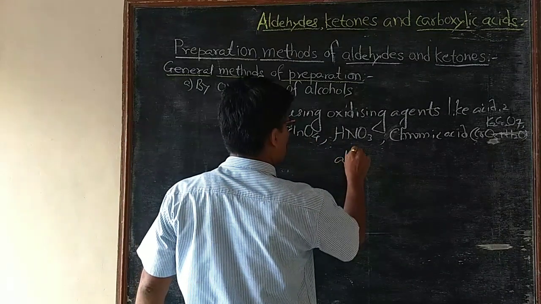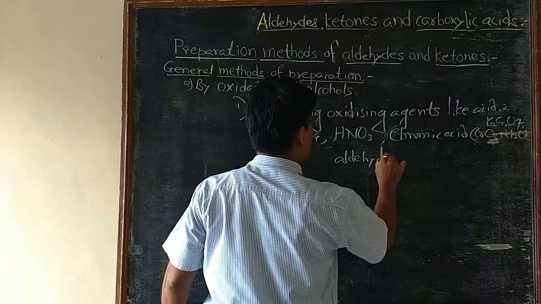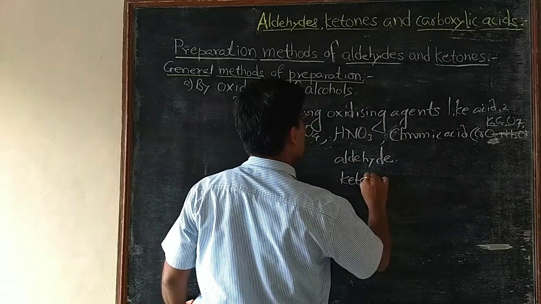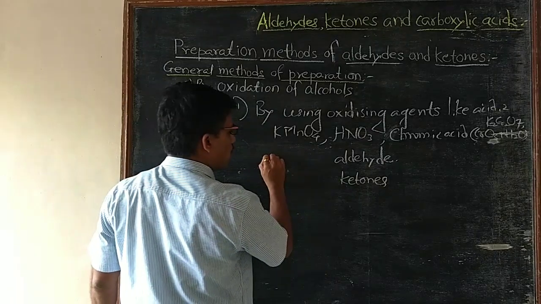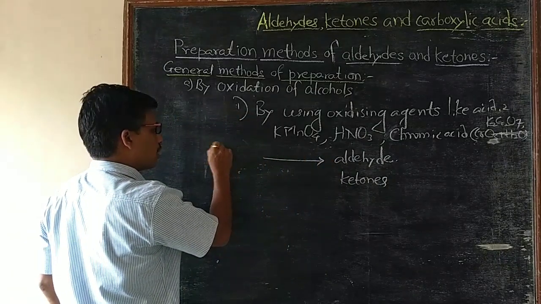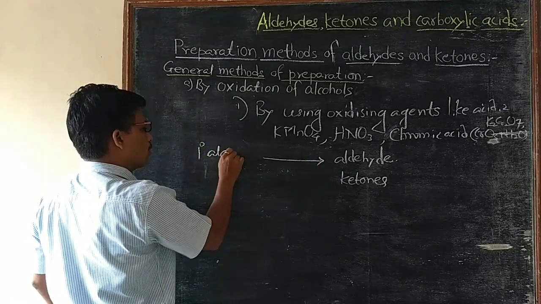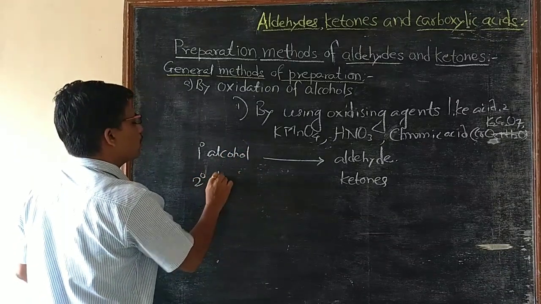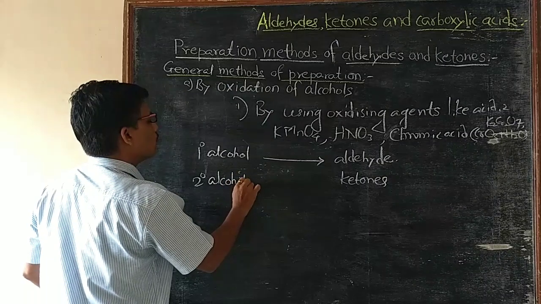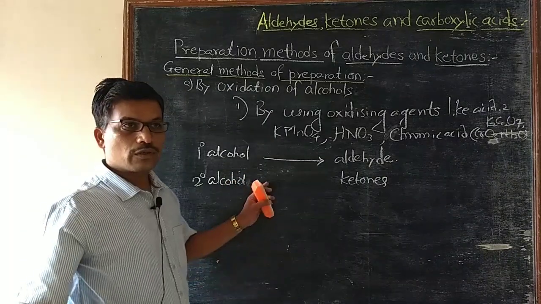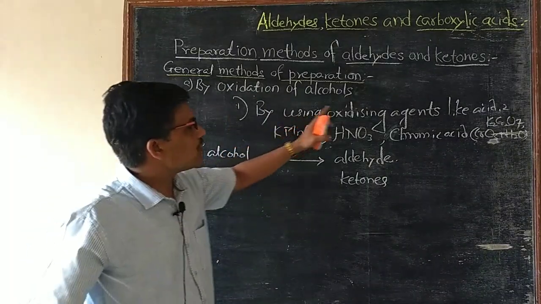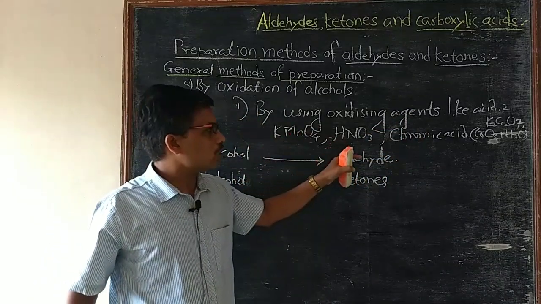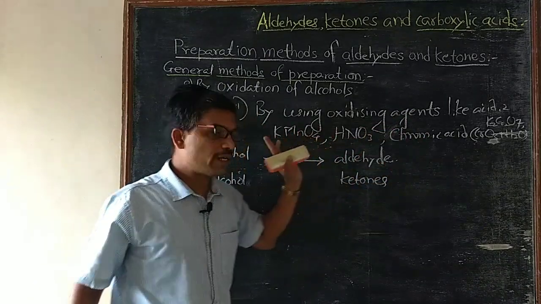That is, aldehydes and ketones are prepared by oxidation of primary and secondary alcohols respectively, by using oxidizing agents like acidic potassium dichromate, KMnO4, HNO3, chromic acid, etc.